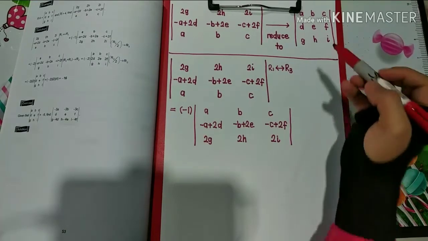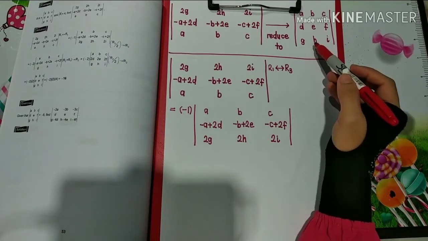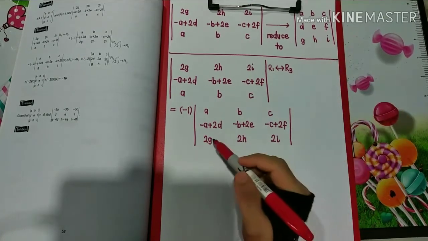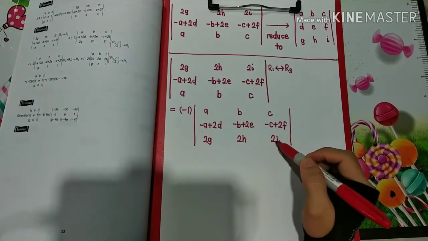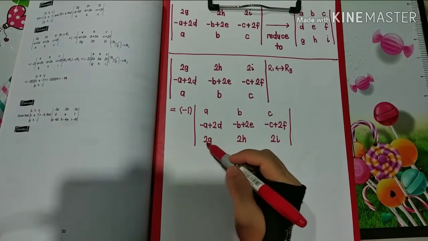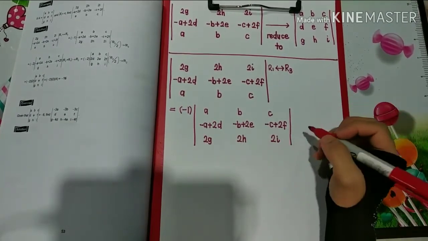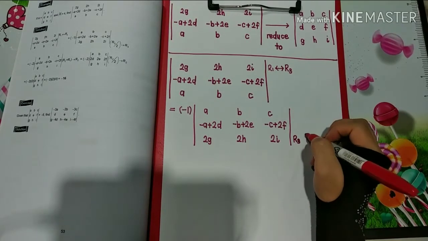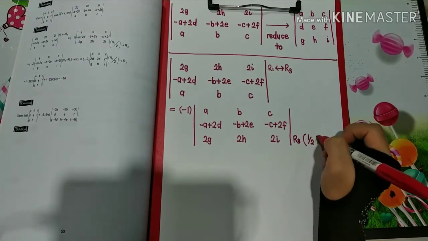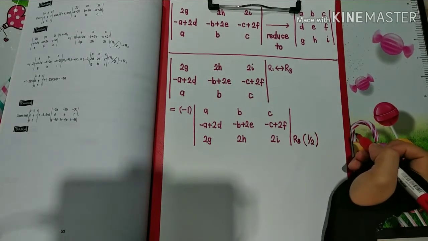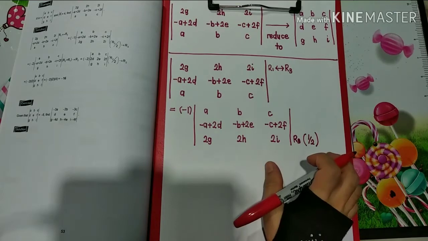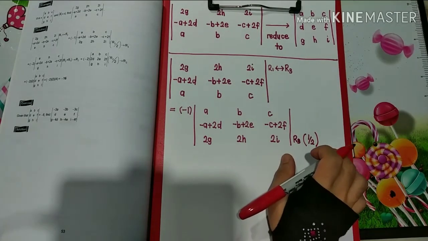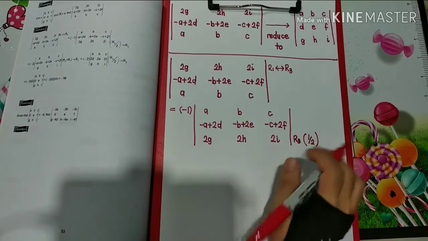Okay, so next we go for the third row. The third row should only have G, H, I, but here you have 2G, 2H and 2I. That means you need to cancel out the 2 here. So what you need to do? R3 here you multiply by 1/2. Next, remember what happens to the determinant if you multiply a row by a constant.